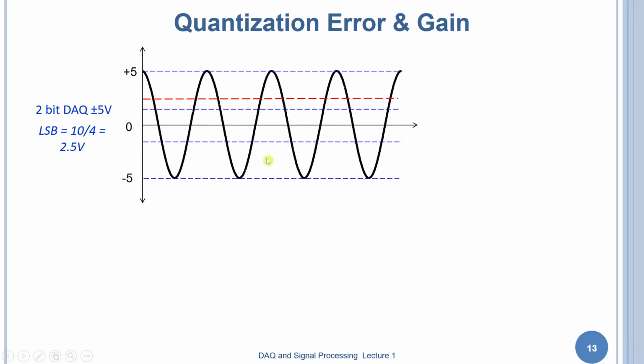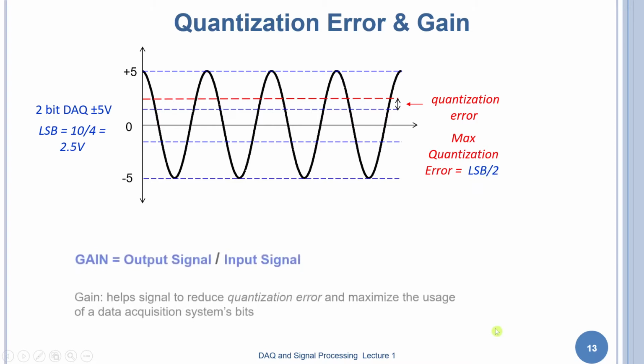What will happen is it's either going to take this value or this value. Since it is closer to this value, it will take this as the value. This is what we call quantization error. You can define your maximum quantization error to be half the value of your least significant bit.